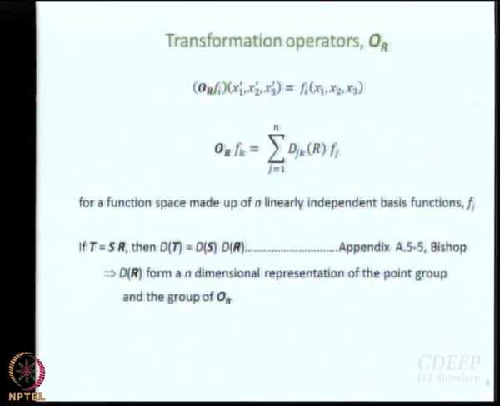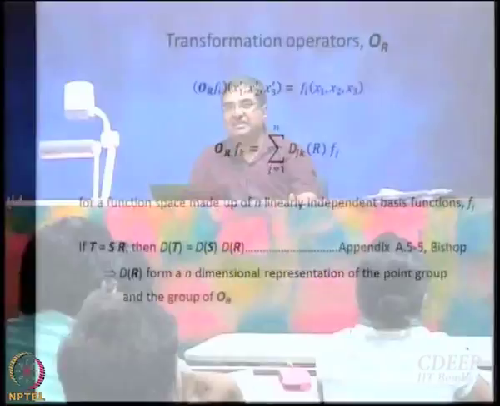And they also form a representation of the group formed by the transformation operators. Once again, it sounds as if I am stating the obvious, but it is important that we understand and then believe what I am talking about now, because it is going to be important later on.